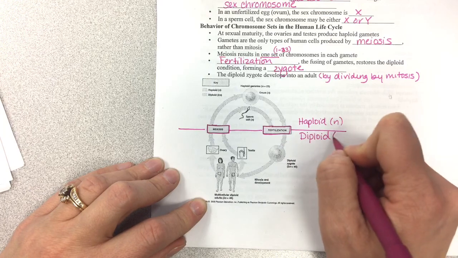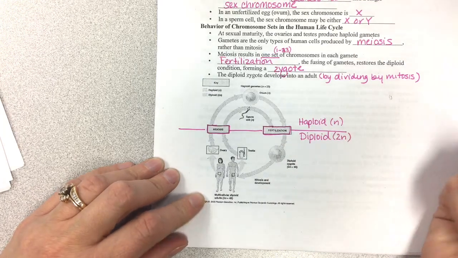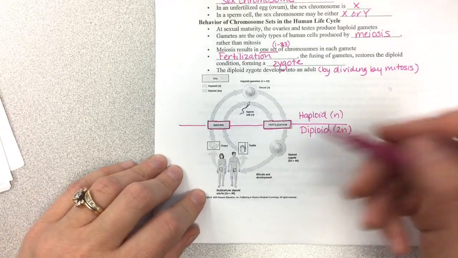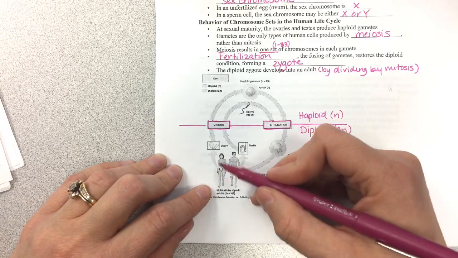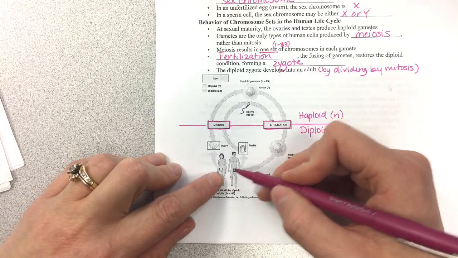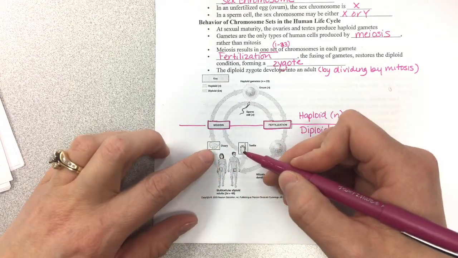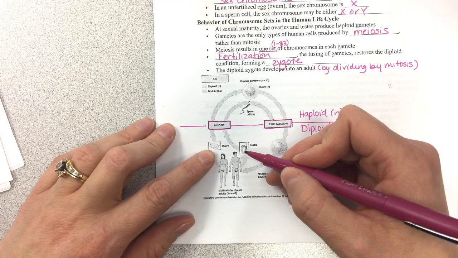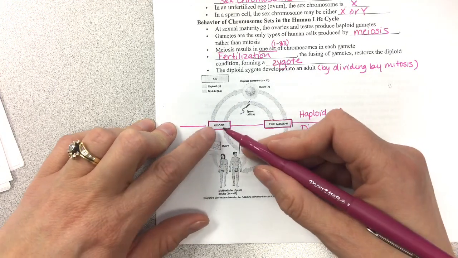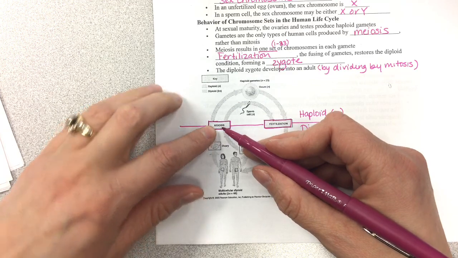Haploid is one set of chromosomes, diploid is two sets of chromosomes, 2N. So here's your male and female. They're highlighting the ovaries and testes because those are where the cells are that are going to go through meiosis, reducing the chromosome number.